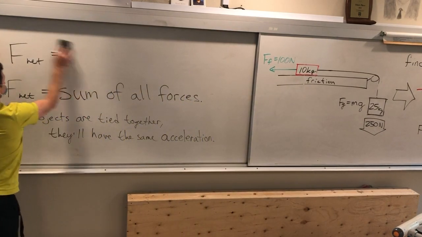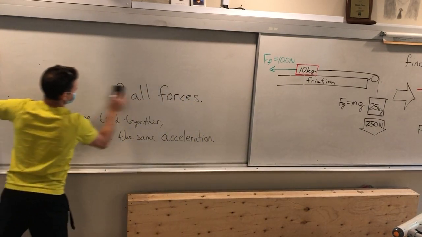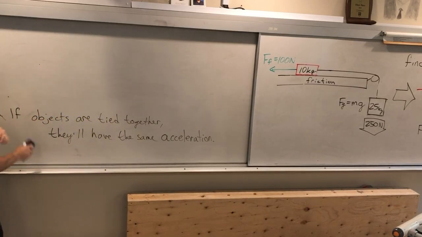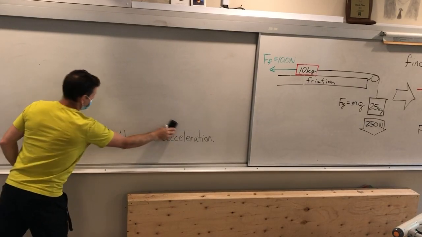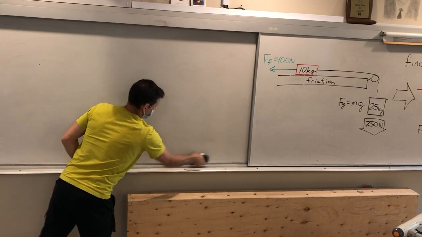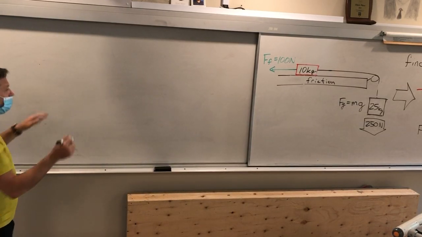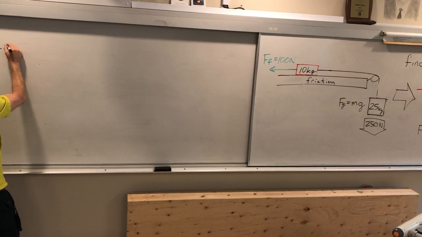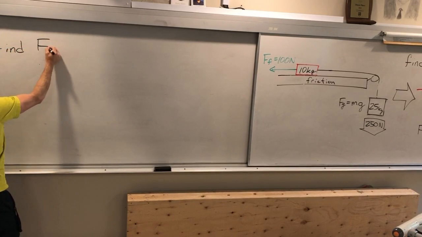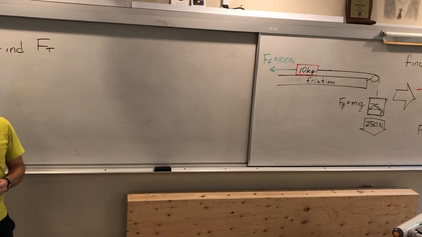F net equals MA. F net is the sum of all forces. If objects track together, they have the same acceleration. Remember those things. Now, from that situation, find Ft. Not theoretically impossible.